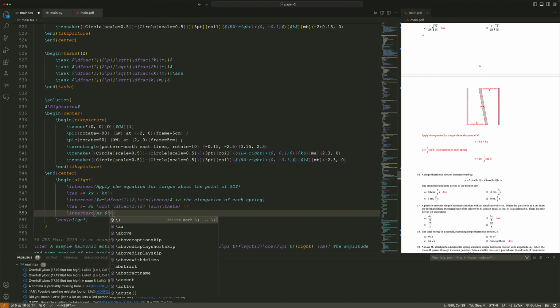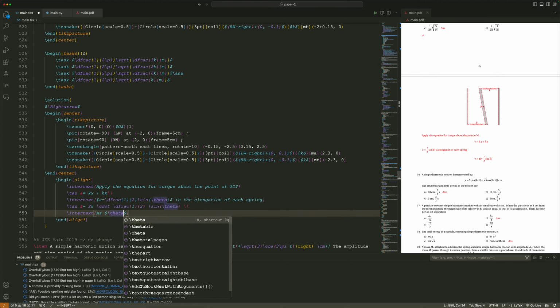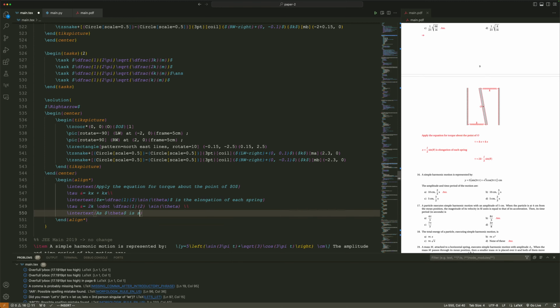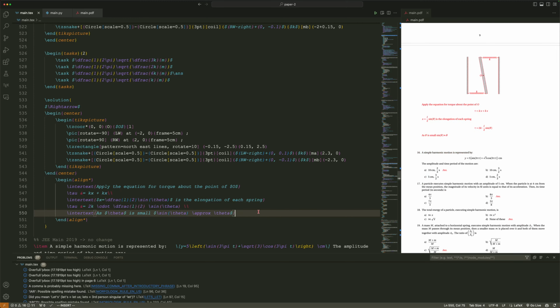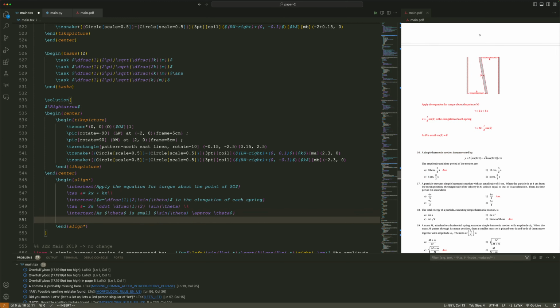As theta is small, that means torque is I alpha.